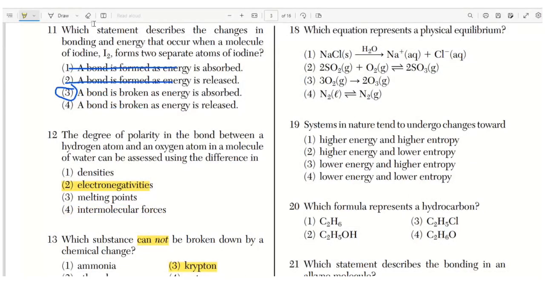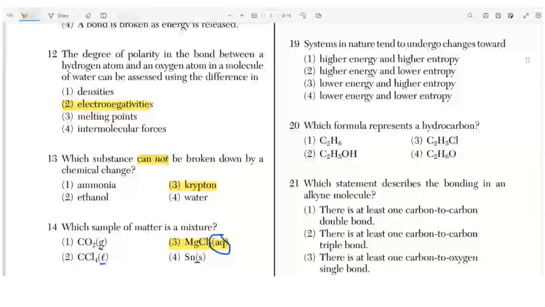So first of all, equilibrium requires an arrow that goes in both directions. So I can eliminate this and I can eliminate this. Okay. So if it is a physical equilibrium, it means I have the same exact chemical formulas on both sides of the equation. So look here, N2 and N2. So that's physical. The other one is chemical because the chemical formulas change on both sides.